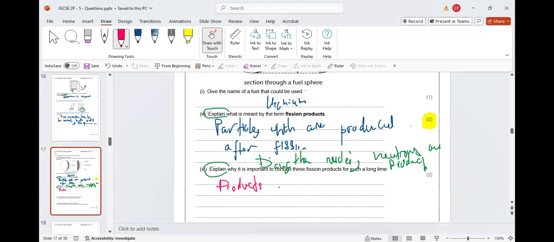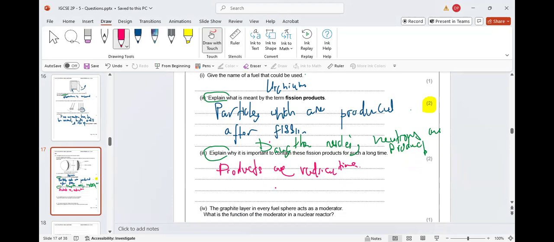You may say products are radioactive, or they are unstable, so they produce ionizing radiation. And you write a bit further as well: ionizing radiation is harmful for people.